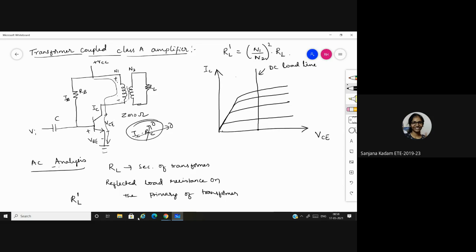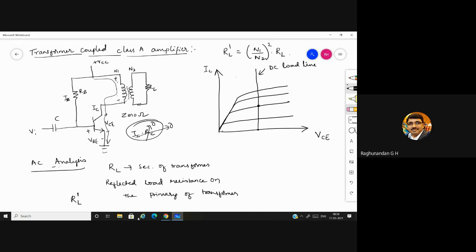Since we have a resistance, sir, the IC value will not be 0. Which resistance do you have? RL will be reflected on the primary coil, sir. So the resistance will not be 0.